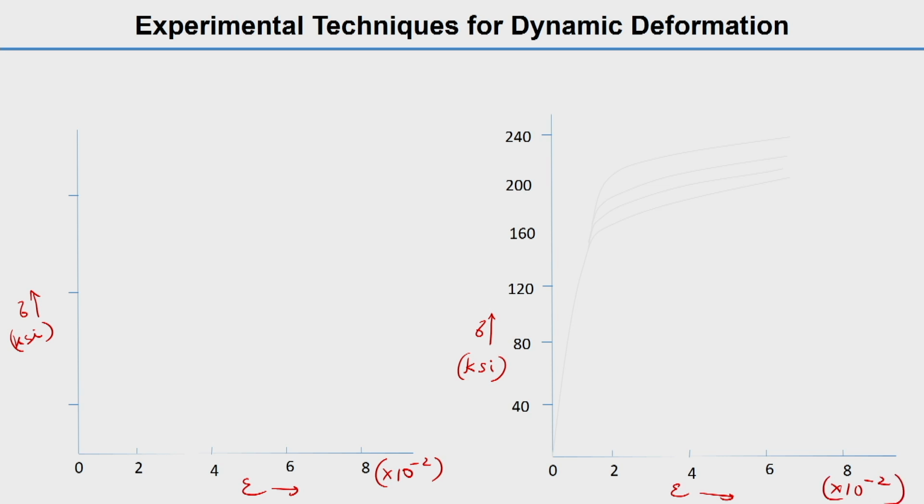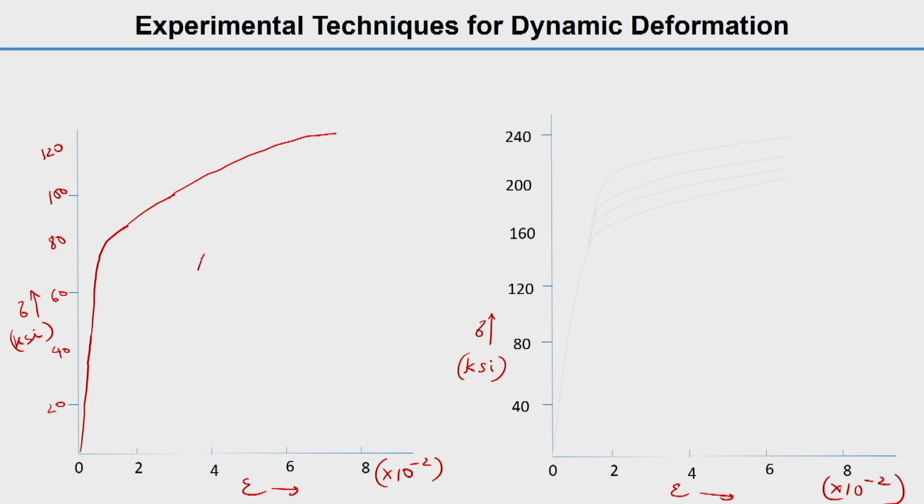So now if we talk about this first plot, so we have let's say 20, 40, 60, 80, 100, 120. So for aluminum 7075 material, aluminum, I will write that about the material, but let's see the plot. So it will look like something like this.